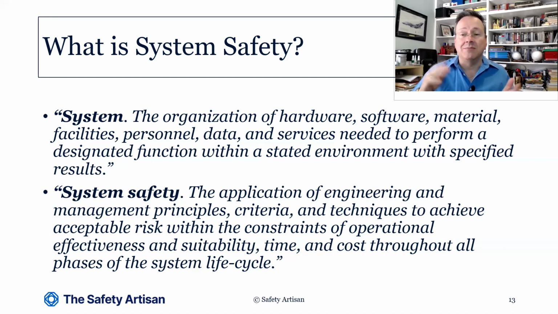You know, we want our system to do something. That's why we're buying it or making it. The system has got to be suitable for its use. We've got some time and cost constraints, and we've got a life cycle. Okay, so we can imagine we are developing something from concept, from cradle through to grave.